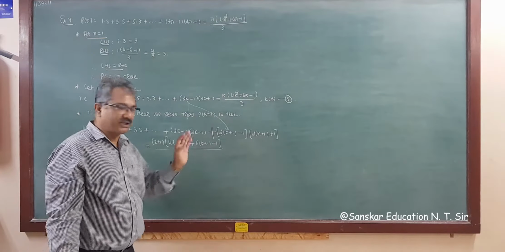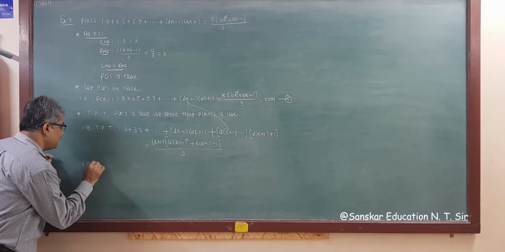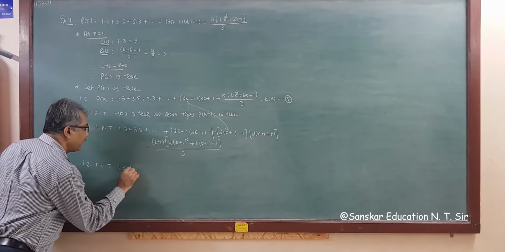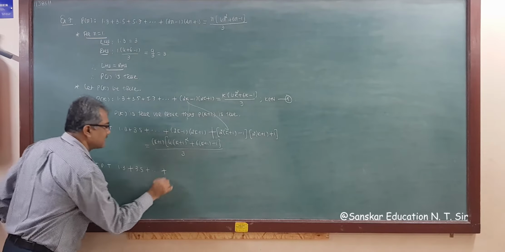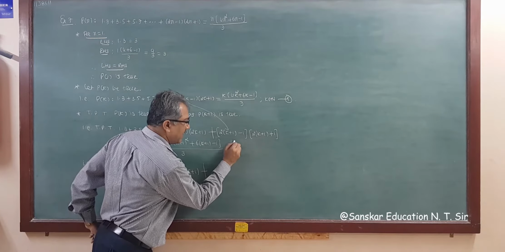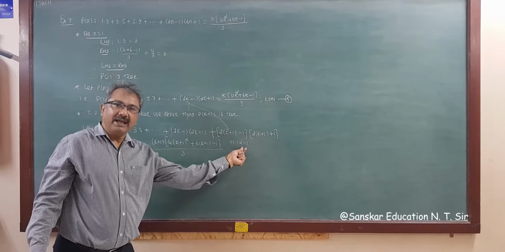Write down one more step, that is to prove that 1 into 3 plus 3 into 5 plus this, this is (2k minus 1)(2k plus 1), plus this is a different term, this is 2k plus 2 minus 1, so what is your answer, 2k plus 1.